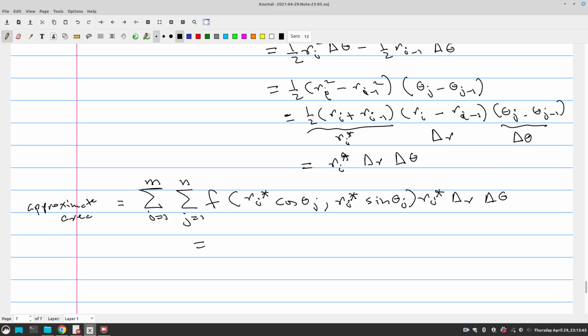Now, why is this the approximate area of the subrectangle? Because remember, this is basically your x and this is your y.